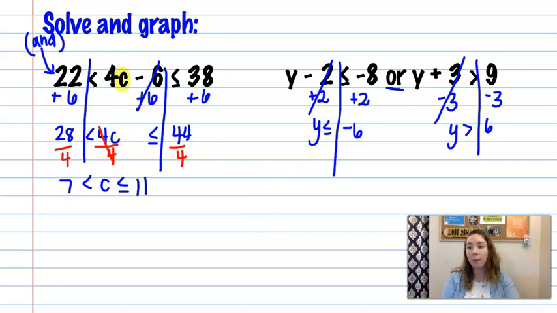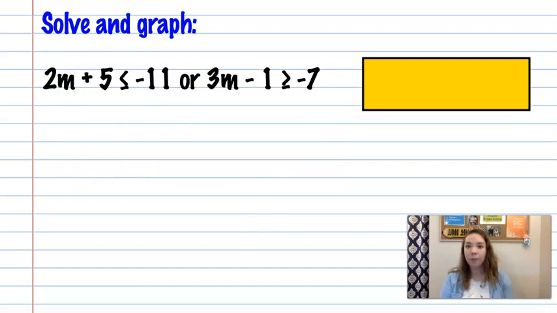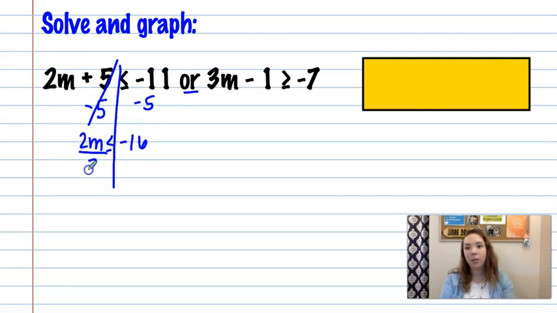All right, we're going to do a couple more. Here we have another OR, so we'll just solve them separately, kind of like how we do absolute values. So I'm going to subtract 5 from both sides. And divide by 2 on both sides.